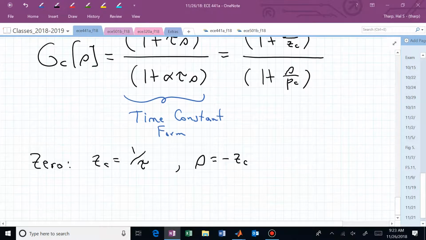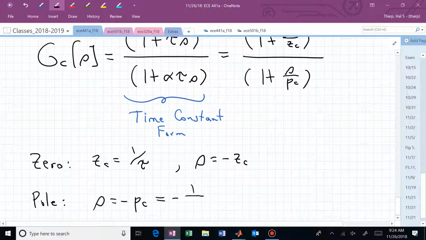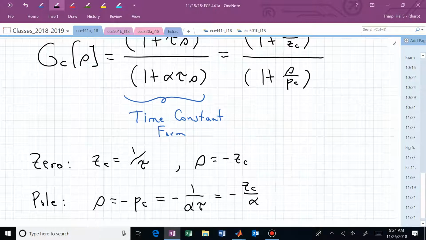Our pole is likewise at s equals minus p sub c, which is now minus 1 over alpha tau, which is really just dividing the zero location by alpha. And alpha is the attenuation that we need. Or that's really the pole zero separation.